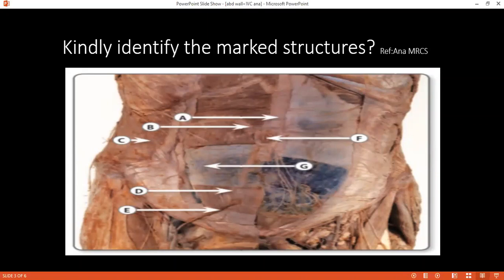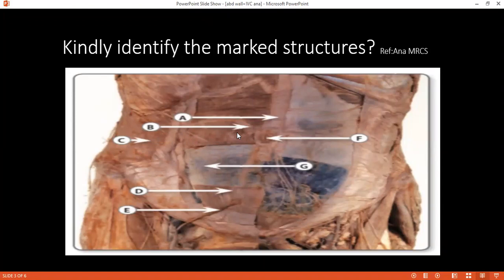Why should you know about it as a surgeon? Ma'am, it is avascular, so midline incisions are taken on the linea alba to avoid inadvertent bleeding. Very good.